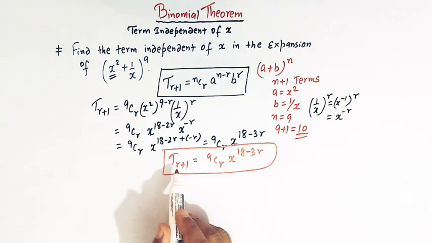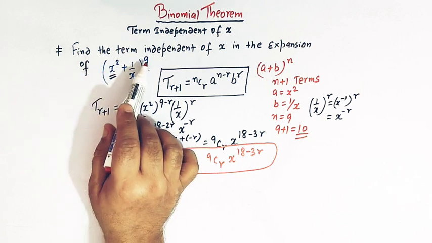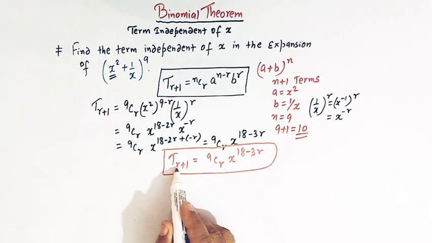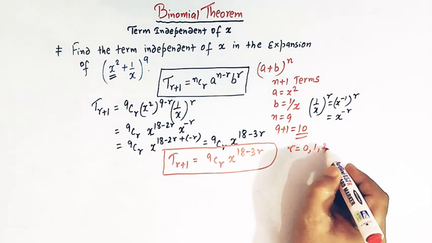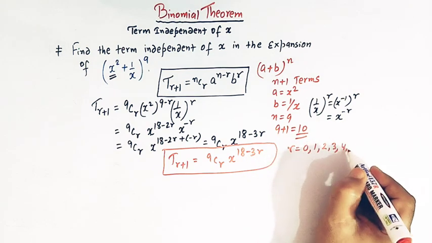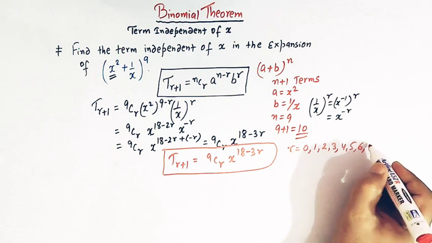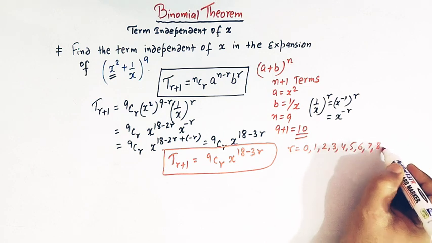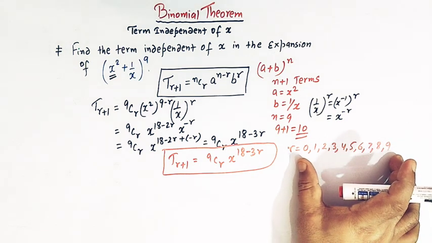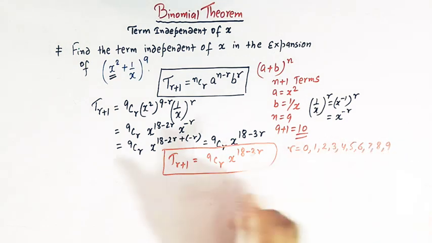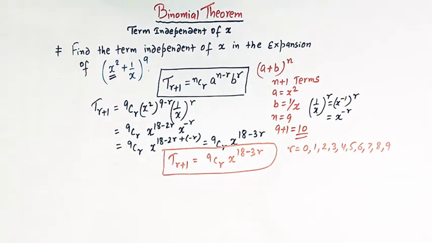Now we can find the various terms by taking r = 0, 1, 2, 3, 4, 5, 6, 7, 8 and 9. In all we have 10 terms in this binomial expansion.